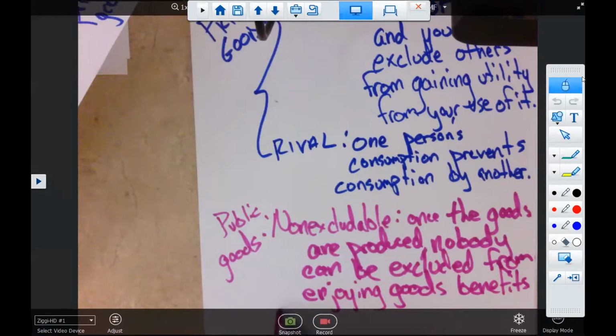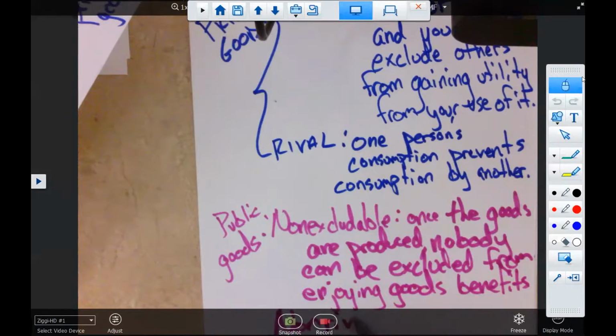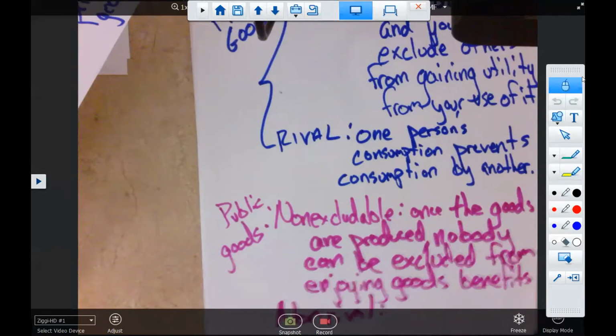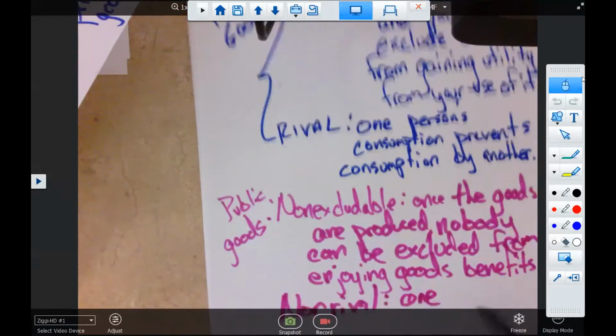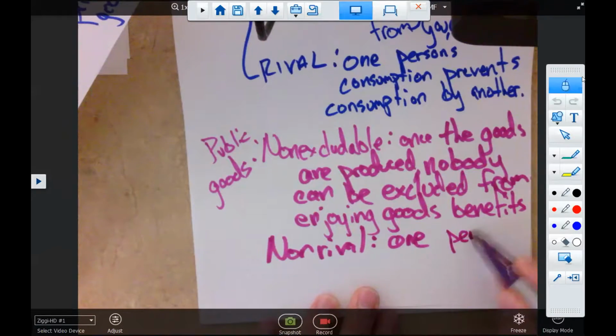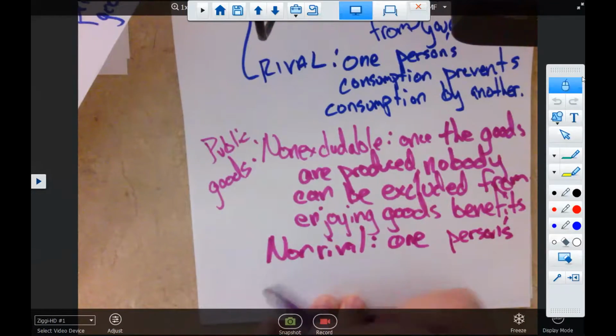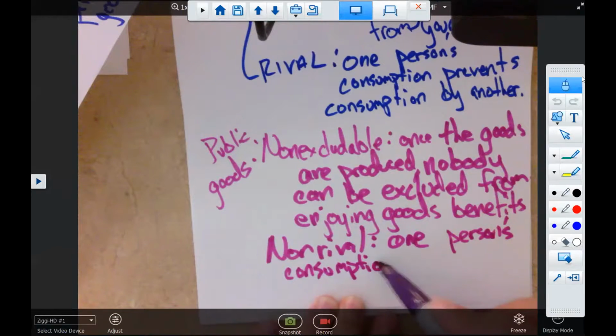And they are non-rival. So one person's consumption does not prevent consumption by another.